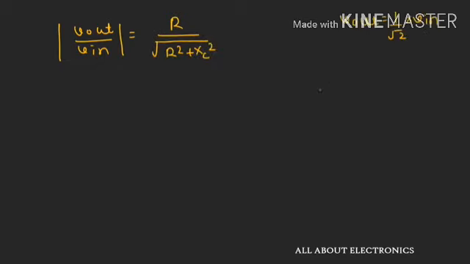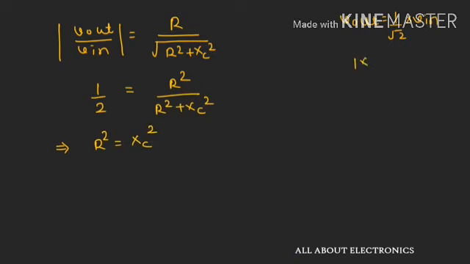So now we can write Vout by Vin equals R divided by under root R square plus Xc square, and at cutoff frequency the output will be 1 over root 2 times the input signal. So by putting this value and squaring both sides, we can write 1 by 2 equals R square divided by R square plus X square, and if we further simplify it then we will get R square equals X square.